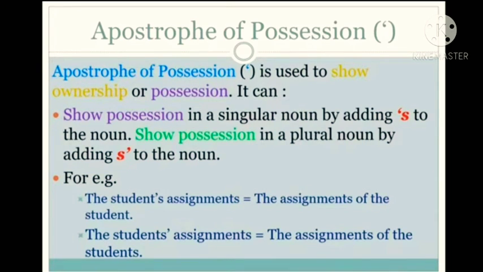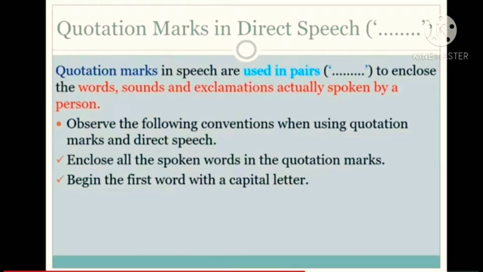All right, now let's talk about the quotation marks or inverted commas in direct speech. Quotation marks in speech are used in pairs. Yes, always they are used in pair. कभी भी हम उनको single use नहीं करते. To enclose the words, sounds and exclamations actually spoken by a person or the speaker of the sentence.